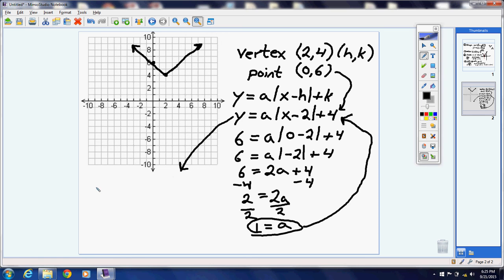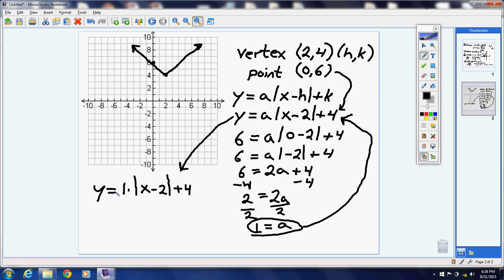And we end up with y equals a, which is 1, times the absolute value of x minus 2, and then we're adding 4.